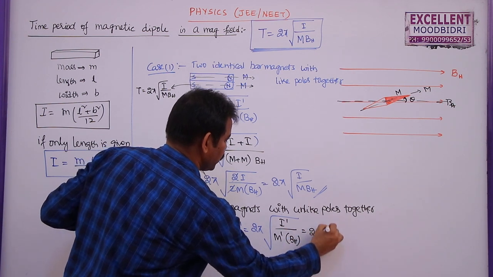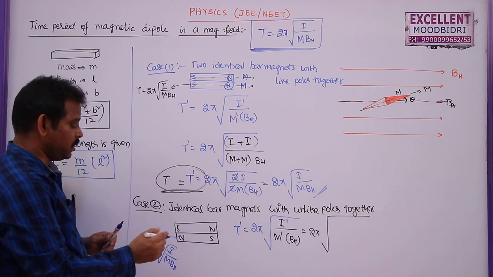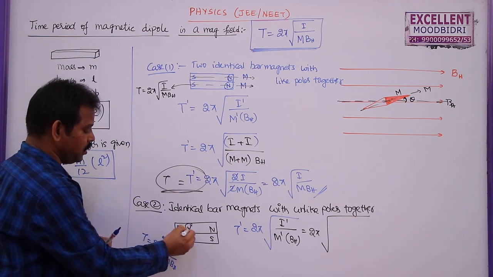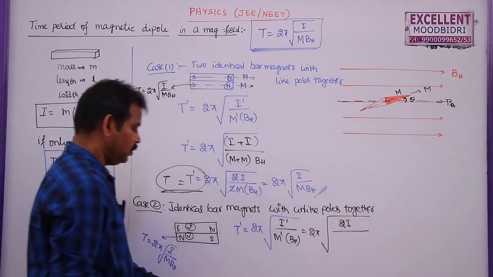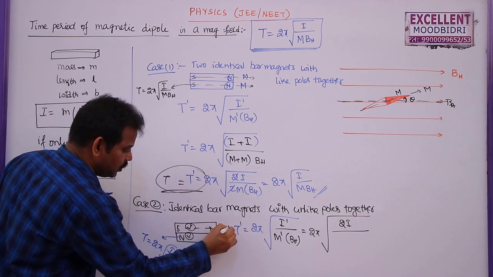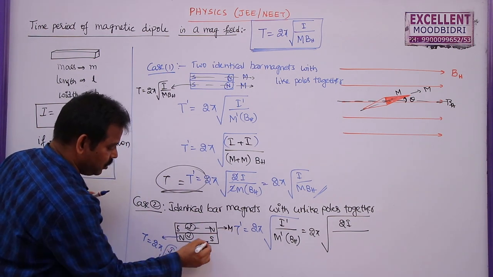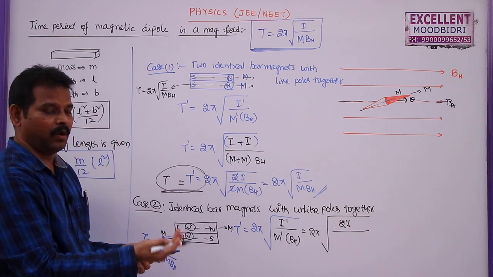This is equal to 2 pi root, moment of inertia is not a vector, it is a scalar. So if it is I, this will become I plus I, this will become 2I by, what is m dash? For the first bar magnet, magnetic moment is acting in this direction. Second bar magnet, magnetic moment is in the opposite direction. Both are equal and opposite.